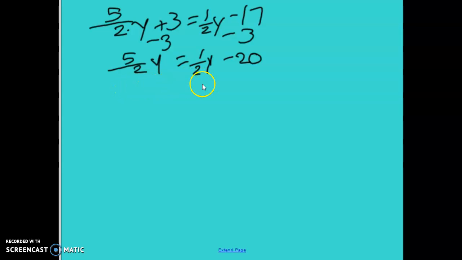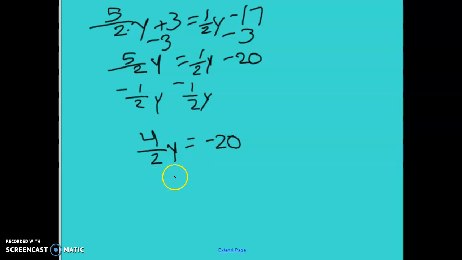I'm going to want to get rid of that 1/2 of y, so I'm going to take it away. Take it away means subtract 1/2 y, which means I have to do the same thing here. Whatever you do to one side, you do to the other. That's the subtraction property of equality right at play, right? So now I have 4 halves of y equals a negative 20.